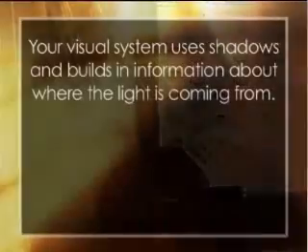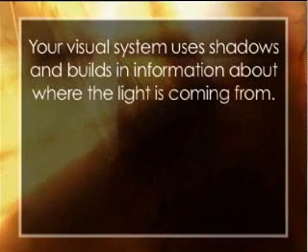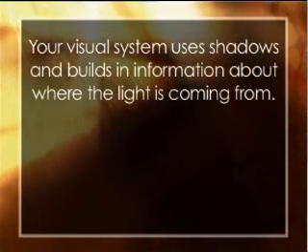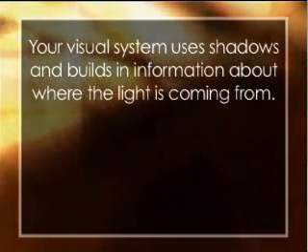This will look like a hole, not a mound, if you assume the light is coming from up above. This will look like a mound only if you assume the light is coming from up above. So your visual system uses shadows and builds in the assumption about where the light is coming from. And of course, that assumption is usually correct.